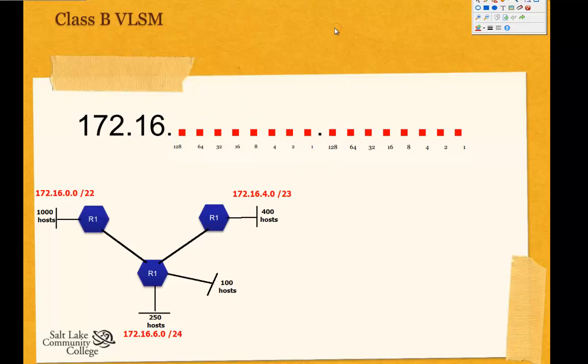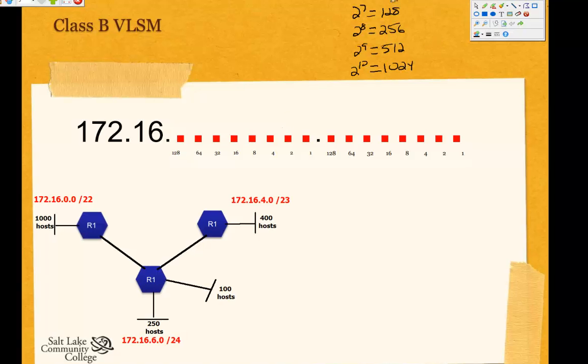We ask ourselves the same questions as we have before, and let's just put up our little chart here. Well, how many bits do we need for 100 hosts? We look up a little chart here and we see we need 7. 1, 2, 3, 4, 5, 6, 7. We're going to draw our line straight down here.